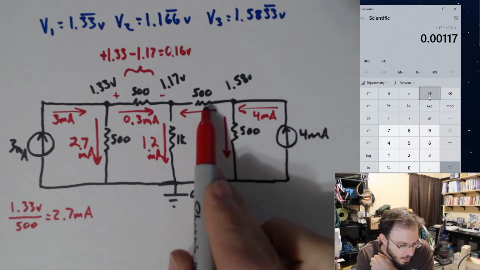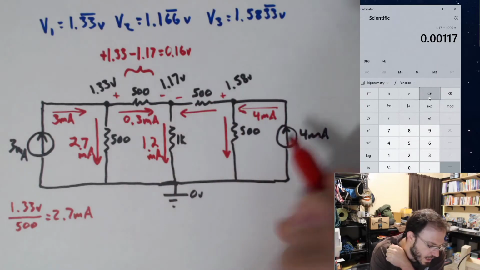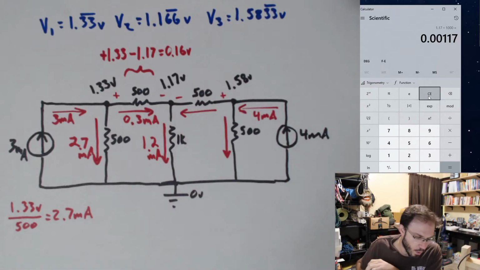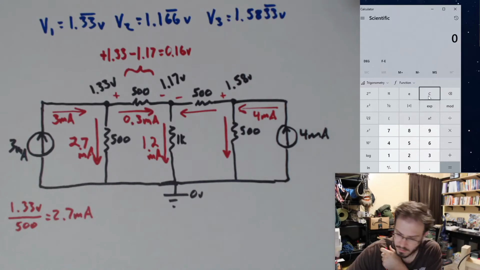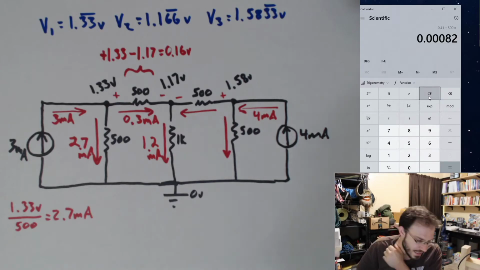Okay, same thing over here. Use the current to help you out. This side is higher than this side, so I say plus 1.58 minus 1.17, which gives me a 0.41 voltage drop across that 500. So divide it by 500, and I get 0.8.